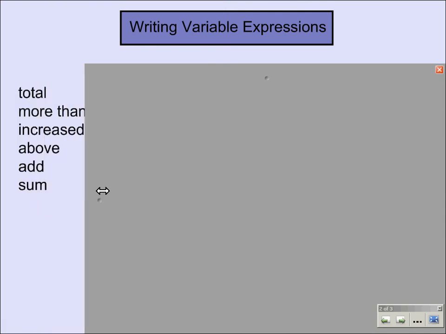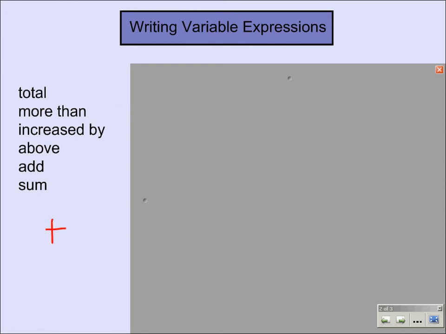Now let's take a look at how we write variable expressions, and at some words that will help us out. Total, more than, increased by, above, add, sum. You probably have noticed that all of these words represent addition. Anytime we see these words, we want to think about adding.